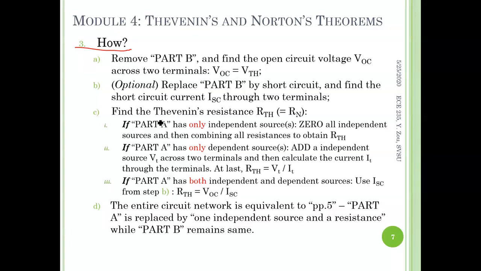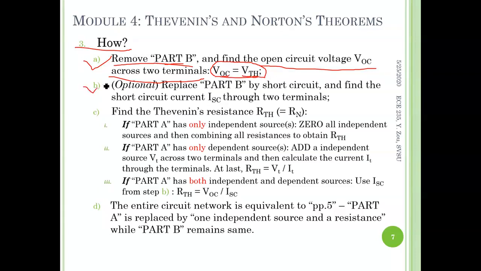Step A: remove part B. Of course, before step A you need to identify which is part A and which is part B. Then we remove part B and find the open circuit voltage across those two terminals, which is nothing but our independent Thevenin voltage source. So the open circuit voltage equals the Thevenin voltage, VTH.